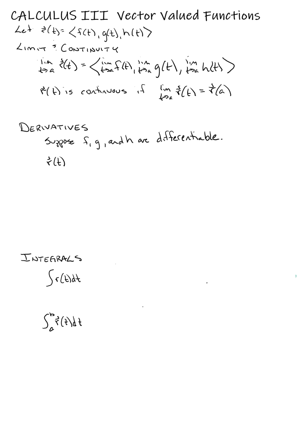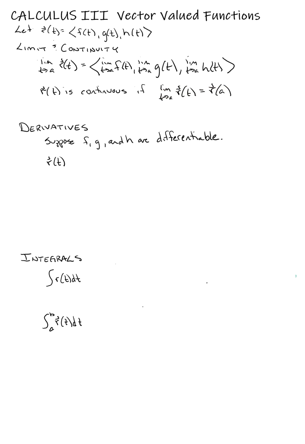Remember that there are a couple things you need to verify before doing this. You have to make sure that the vector-valued function does exist at a, and then you also need to make sure that the limit as you approach a exists as well, and then of course those two values have to be equal. So there's continuity, pretty straightforward.